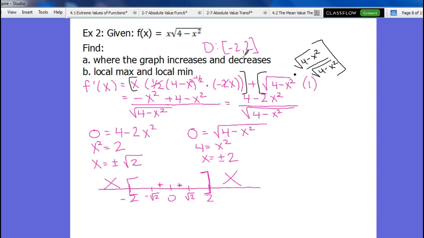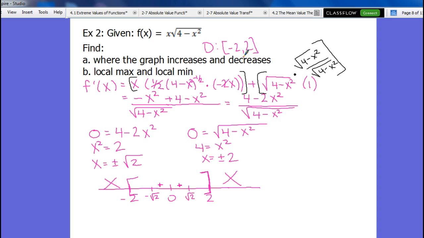So 1.9 squared is pretty close to 2, right? But it's less. So 4 minus 2 times 2 is 4. If you take 2 times anything a little smaller than 2, it's going to be bigger or smaller than 4? Still smaller, right? So your numerator is going to stay positive.